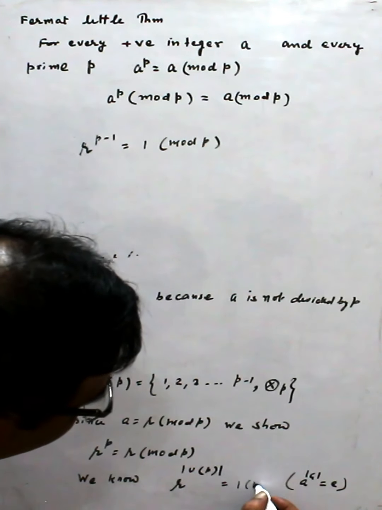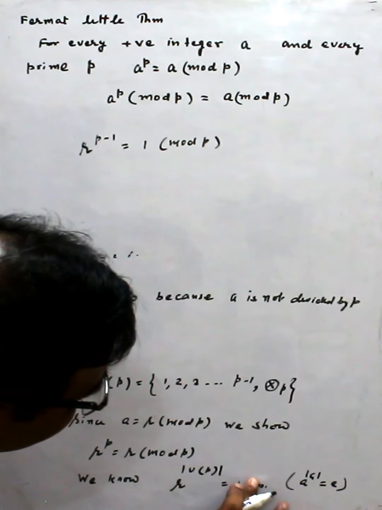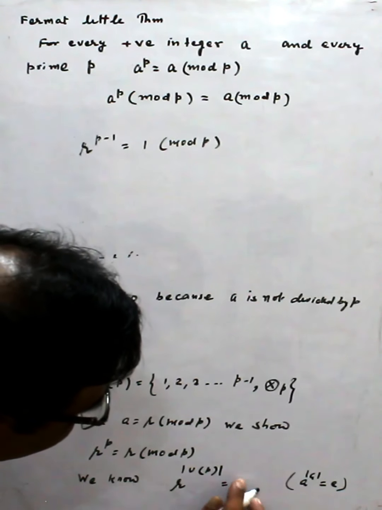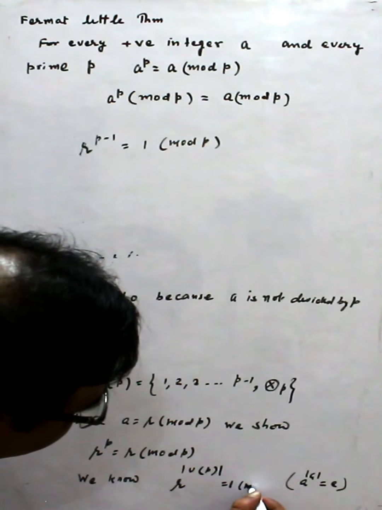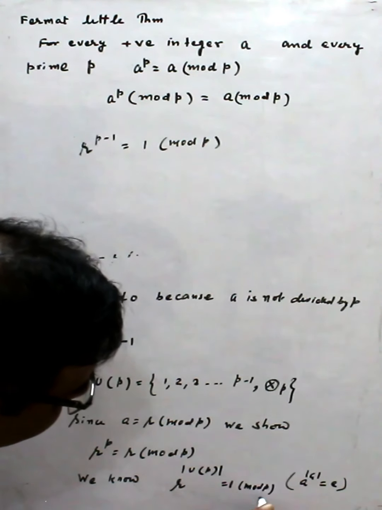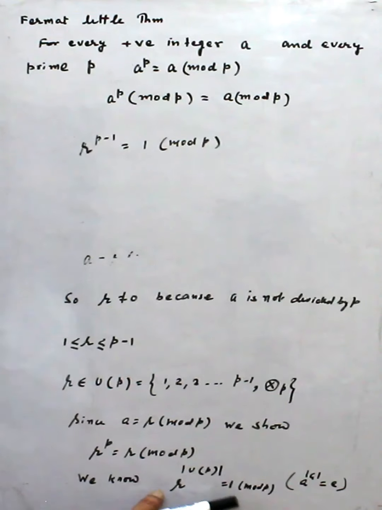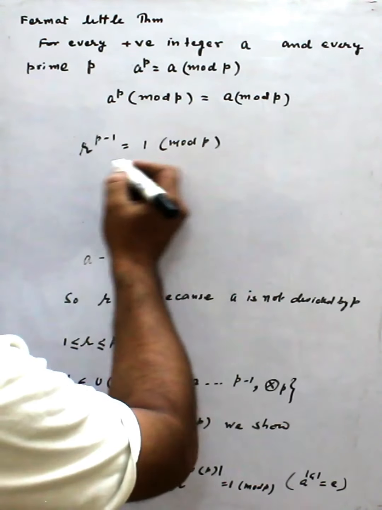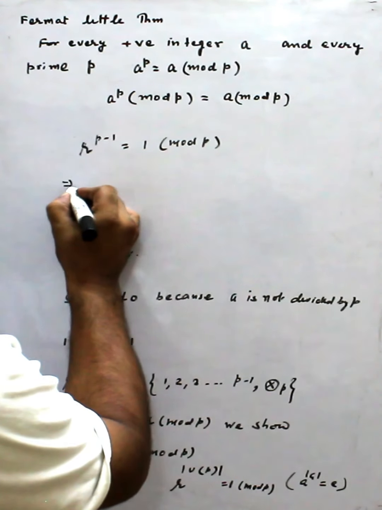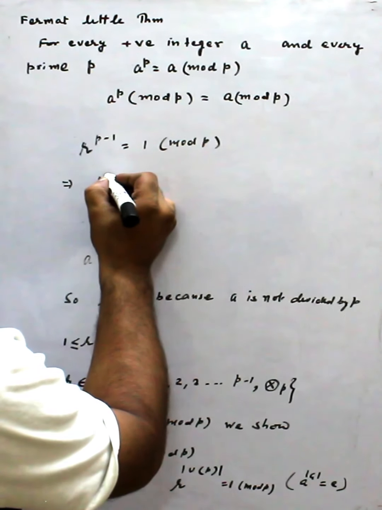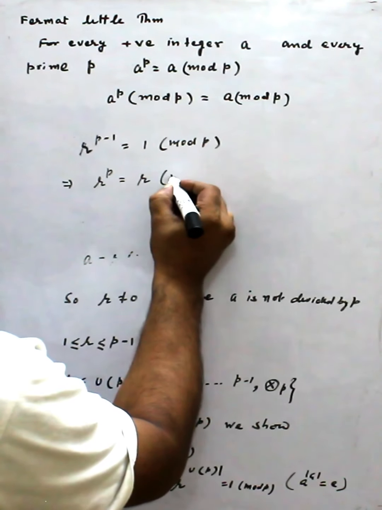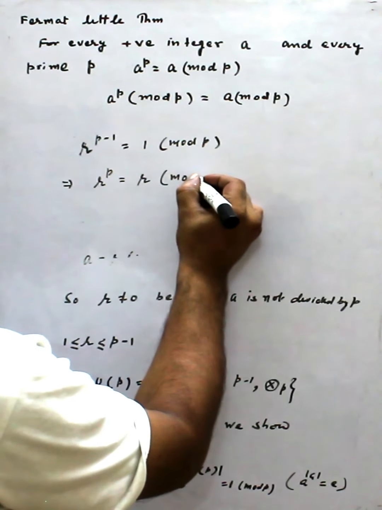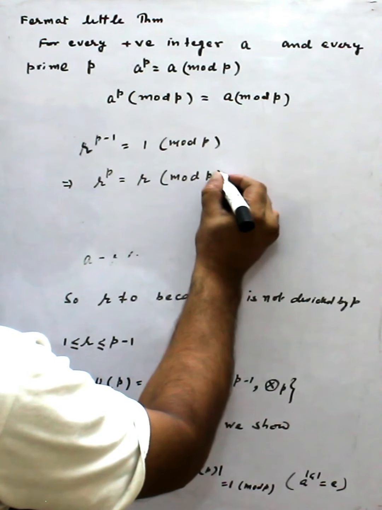Here also, why do we write mod p here? Because our operation is not simple multiplication, the operation is mod p. So this we can write r^p is equal to r, on multiplying r on both sides, mod p.